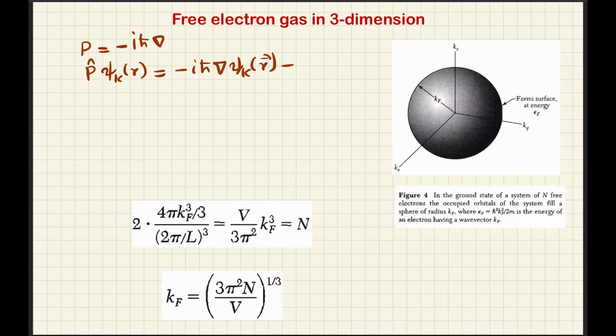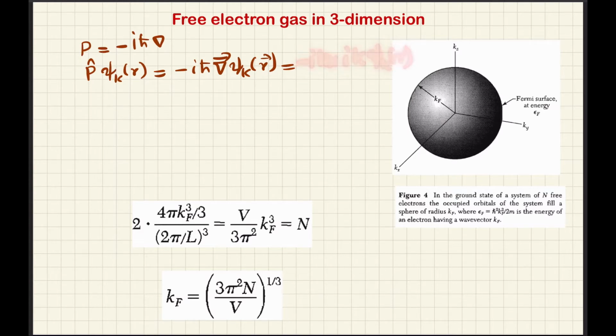Now, to find the gradient of this function, you have to use the spherical polar coordinate definition for the gradient, and only the first term of that expression will contribute, that is dou by dou r. Then if you substitute psi k of r, which is e raised to i k dot r, you will get minus i h cross into i k times psi k of r.